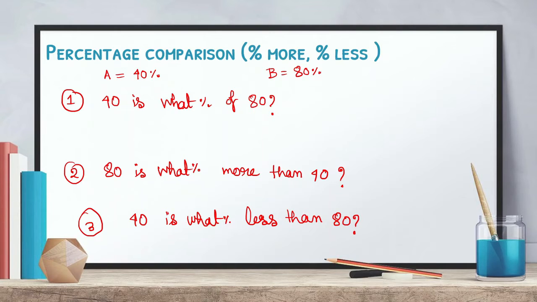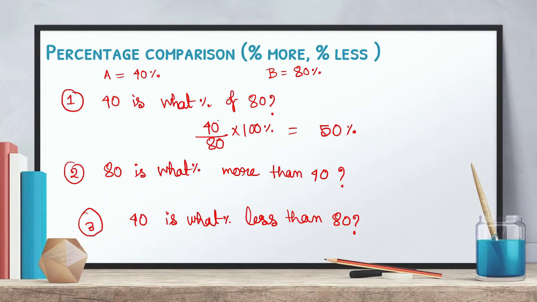Okay, let's see the first question. 40 is what percentage of 80? It's very easy to answer. It is 40 out of 80 into 100%, which is equal to 50 percent.